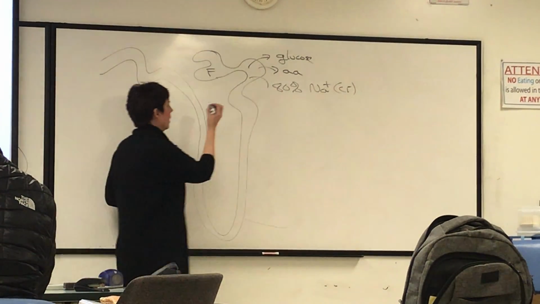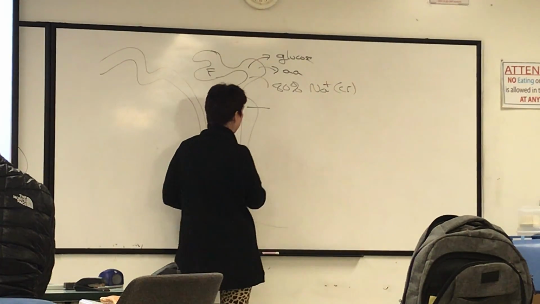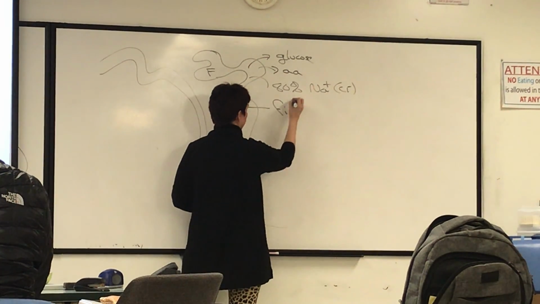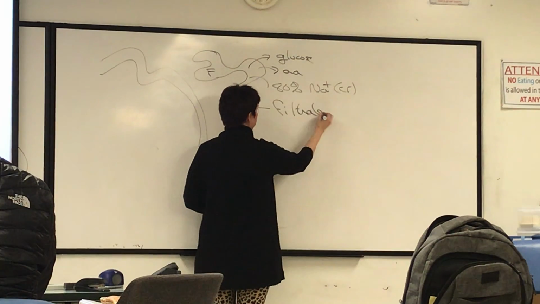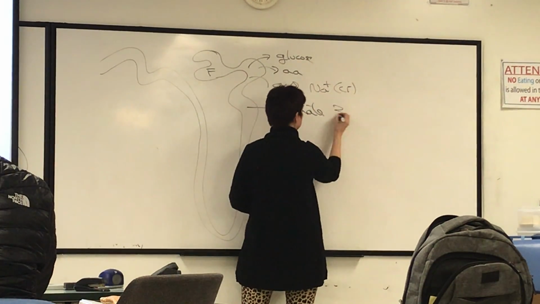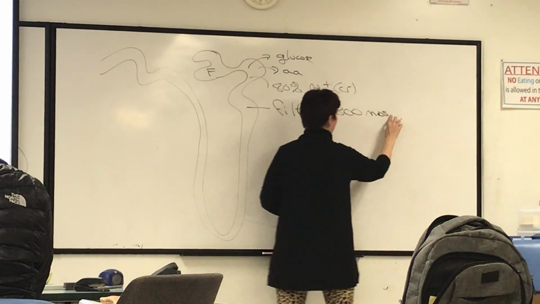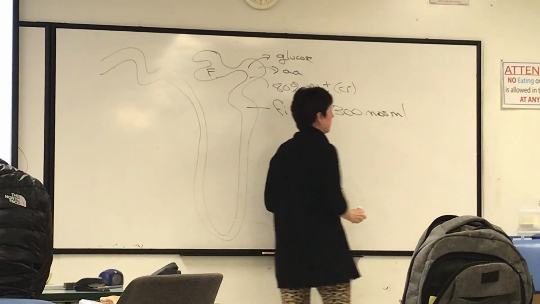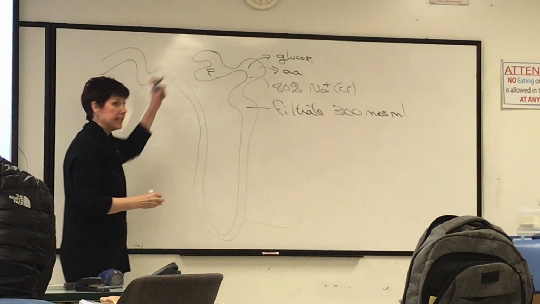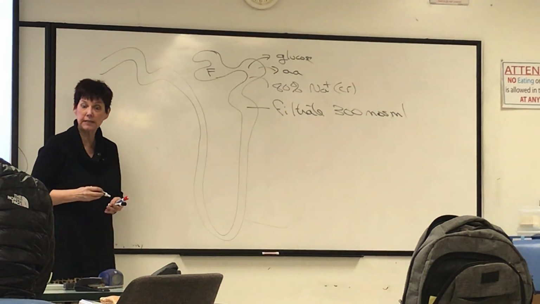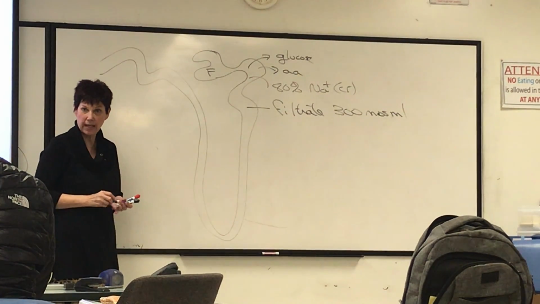And so the concentration, or the osmolality, of our filtrate as it leaves the proximal convoluted tubule is 300 milliosmoles. Now that's the same concentration of particles as in the blood. All right?